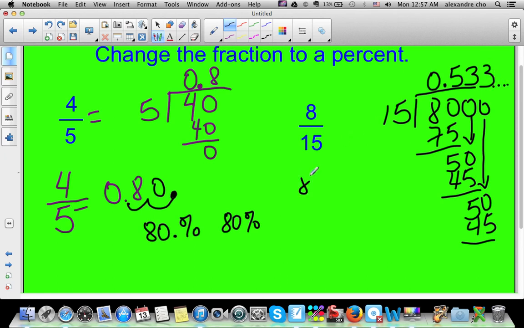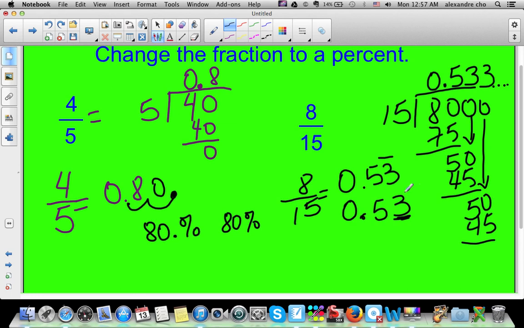So the answer is 8 over 15, and depending on the instructions of the question, it'll tell you to round. So one way of writing this would have been this, okay, because this 3 is a repeating number, so you put a bar notation on top of the 3, or if it just says round to the nearest hundredth, you could have left it like this, and nearest hundredth is this one.